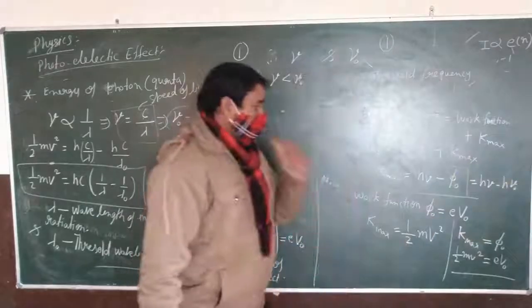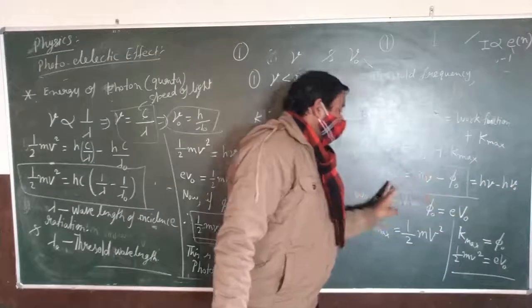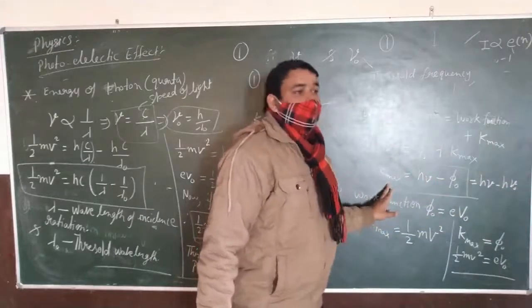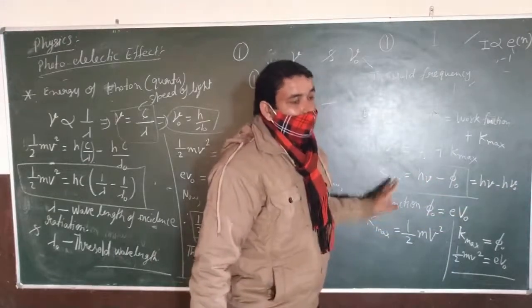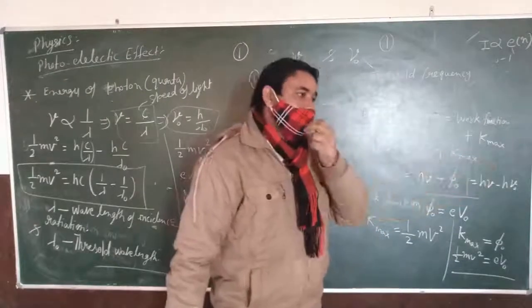What do you get from here? You will get the kinetic energy is negative. Okay. If the kinetic energy is negative, it indicates there is no electron emitted from the metal surface.